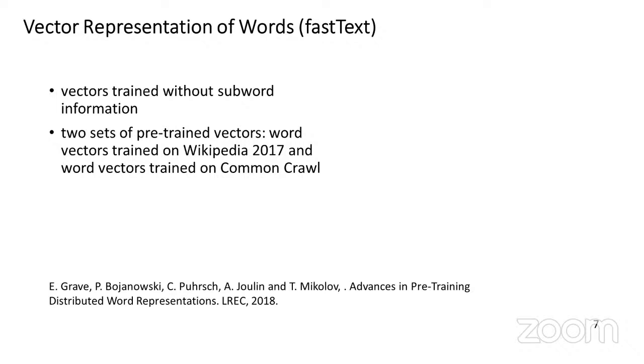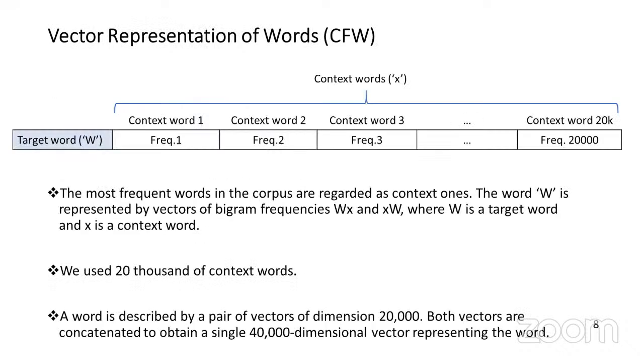The first one is so-called fastText vectors. These vectors have only about 300 dimensions for each word. And we also use explicit word vectors, which use about 20,000 components for each vector.